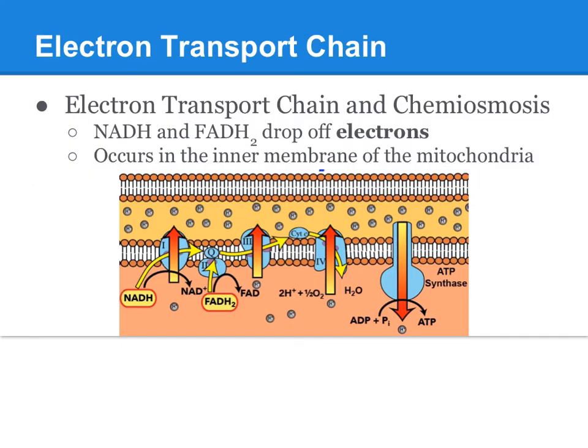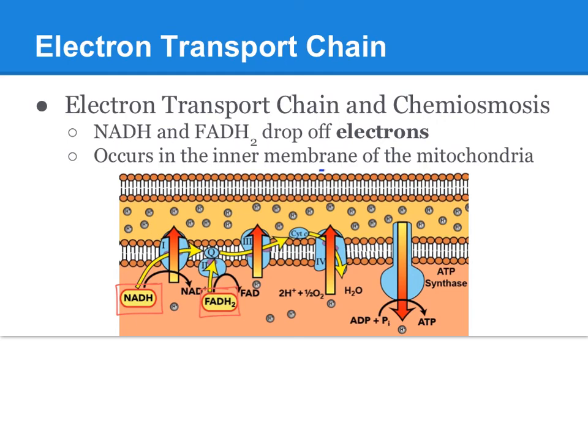All right, so this is what it looks like. We have our NADHs, which is what our electron transporters were, and our FADH2. Do not worry about the 1s, 2s, 3s, and 4s in this area. It's not as important. So what's basically happening is our electron carriers are coming in, dropping off electrons, and these electrons are flowing through here so we can pump hydrogen ions into the membrane.